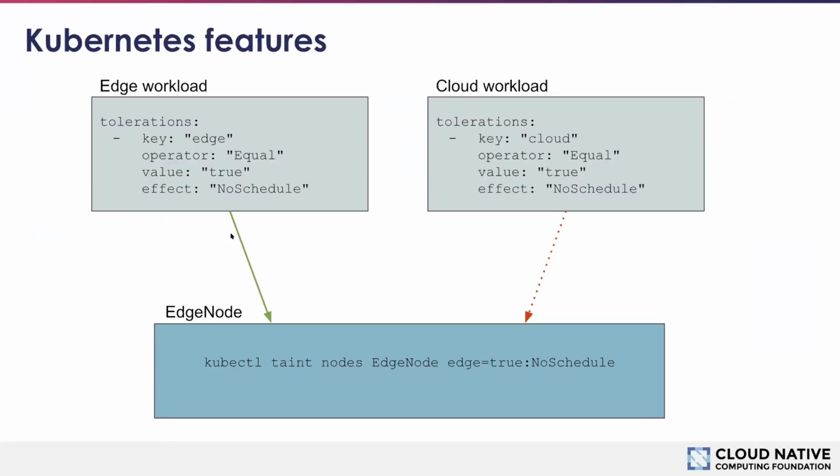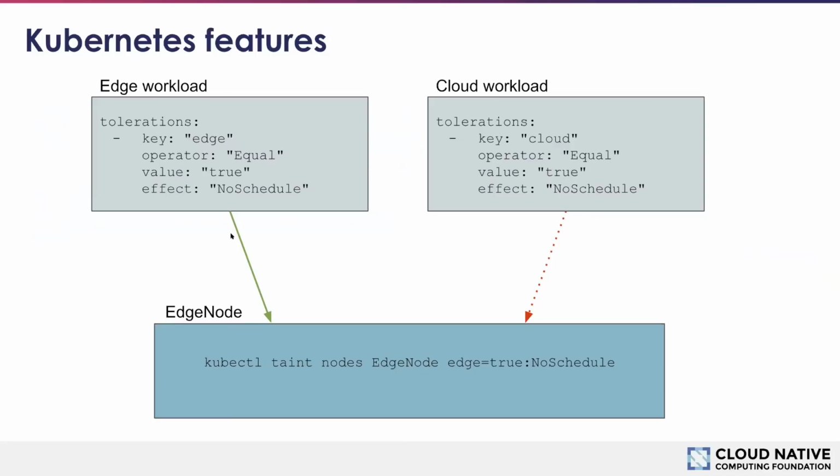But before we start with that, one of the things that needs to be mentioned is that there are a lot of features in Kubernetes that are usually not used that much in the pure cloud environment, because simply they are not that important in those kinds of use cases.